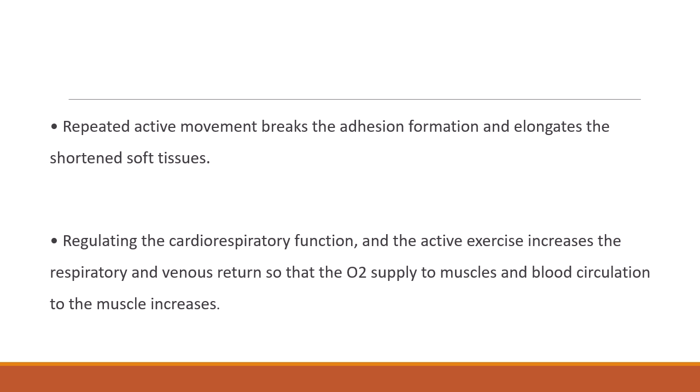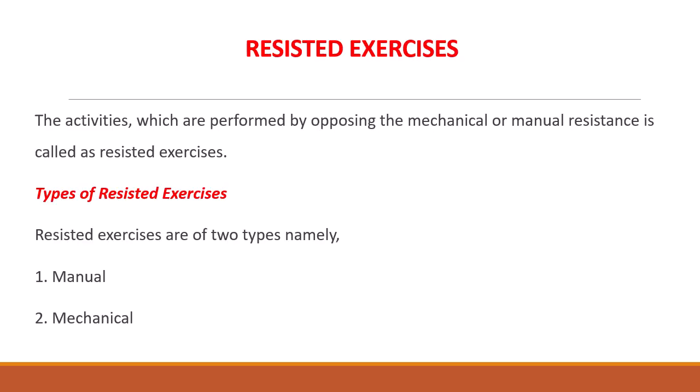The repeated action will break the adhesions and elongate the shortened tissue of that particular joint. Then regulating cardiorespiratory function: active exercise increases the respiratory and venous return, so that oxygen supply to the muscle and blood circulation to the muscle increase.